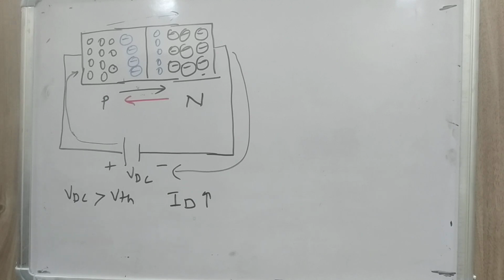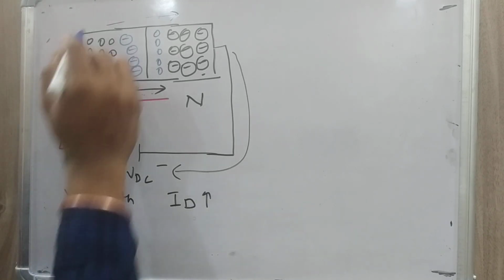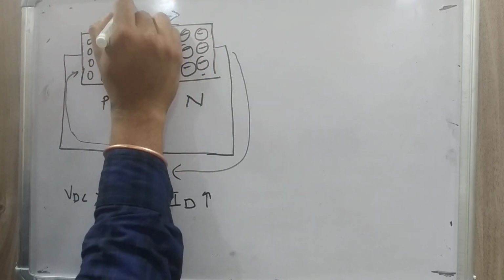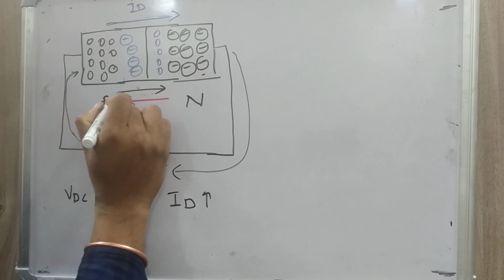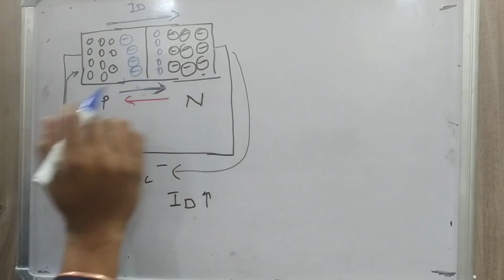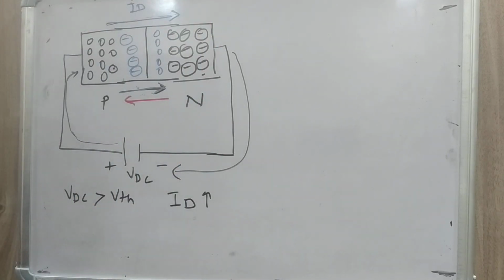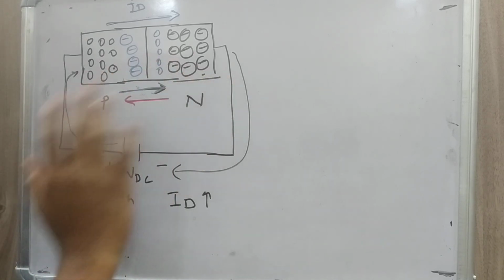So if we see the conventional current direction, this is the conventional current direction, because we consider the movement of the positive charge, as holes are moving from p side to n side. So at any instant of time when the diode is forward biased and conducting, there are some charges.